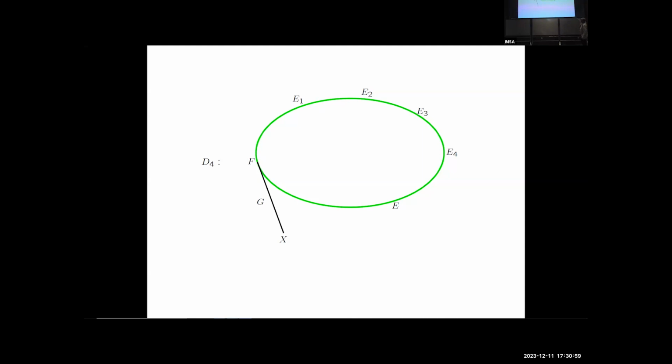So it's easier to look at this. What I'm saying now is that if I blow up further points, depending on what I'm interested in, then I get a complex projective surface which has that same configuration at infinity. So my generic fiber in my twistor space is going to be one of these surfaces.